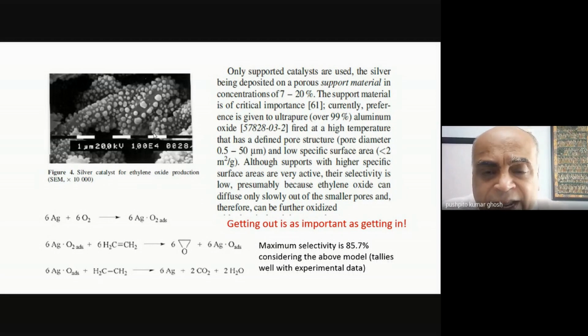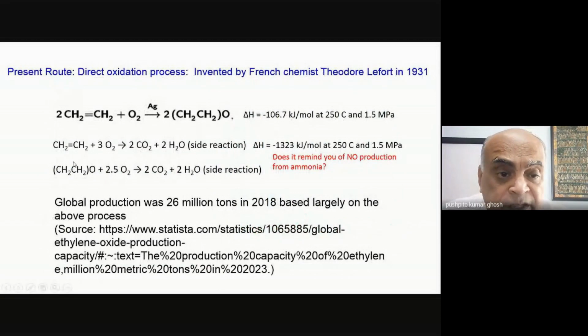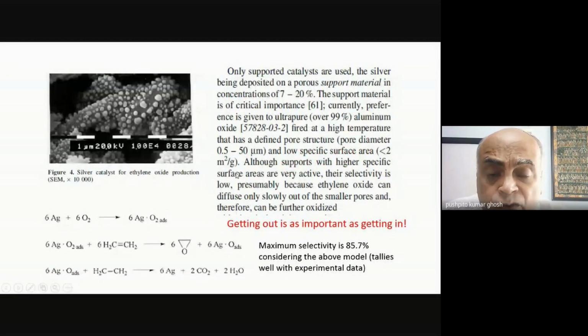So it can get in, but it can't come out. And getting in and getting out are equally important, because unless I can regenerate my catalytic surface, it's useless. And second, if the primary product that I form undergoes further unnecessary oxidation, which it certainly will, then it's no use.